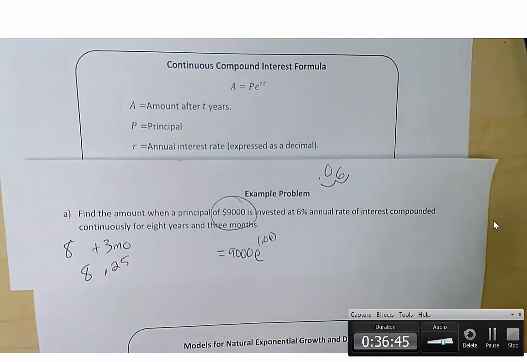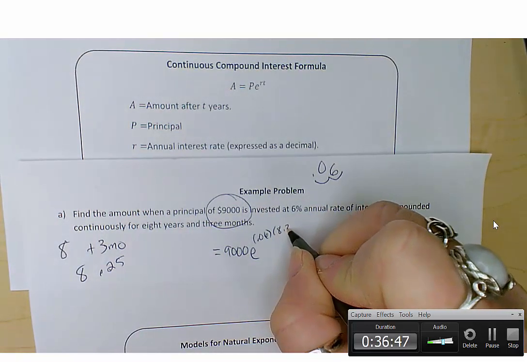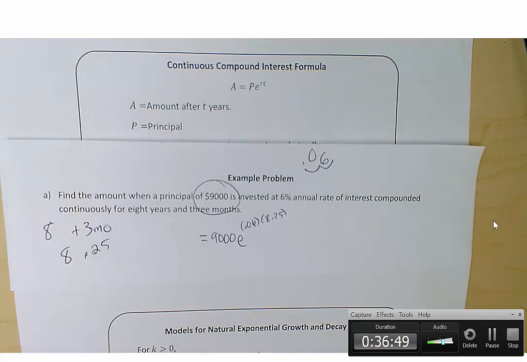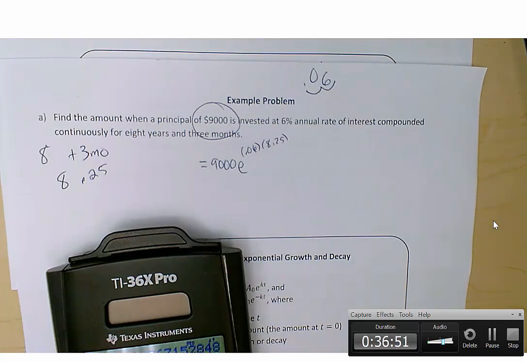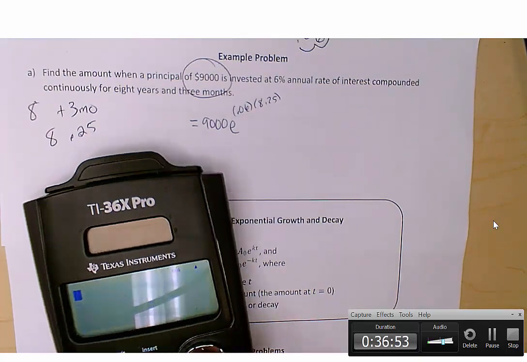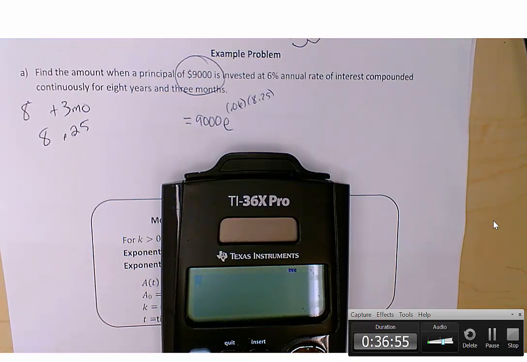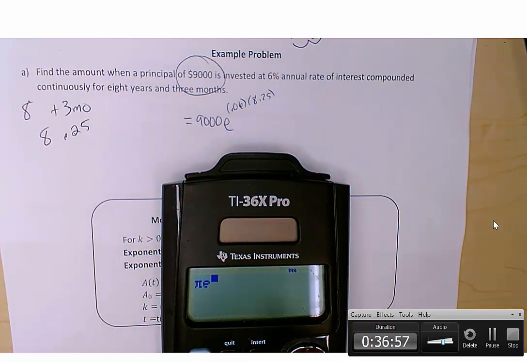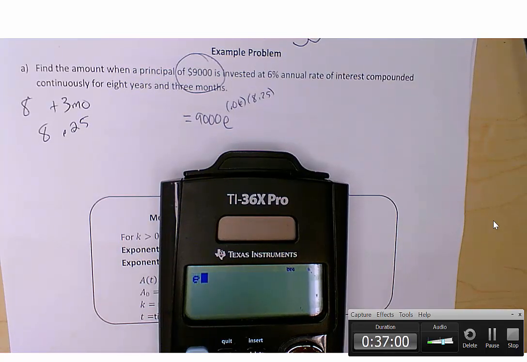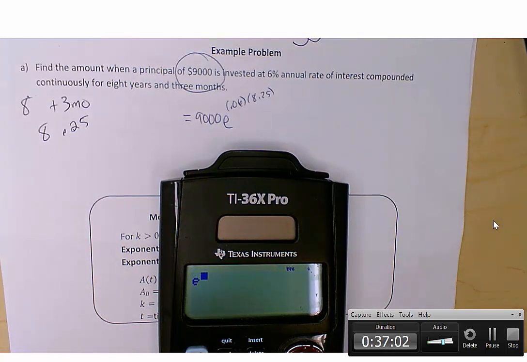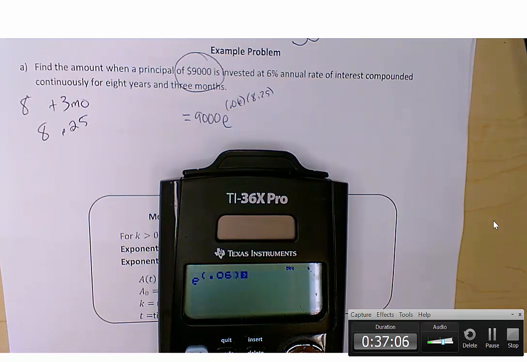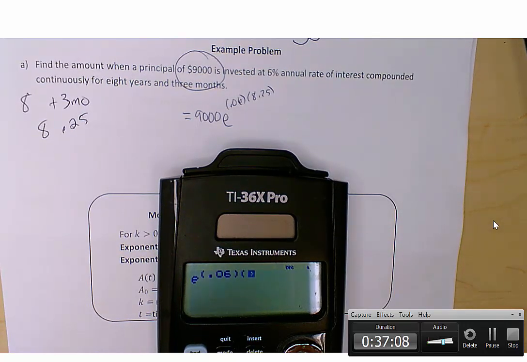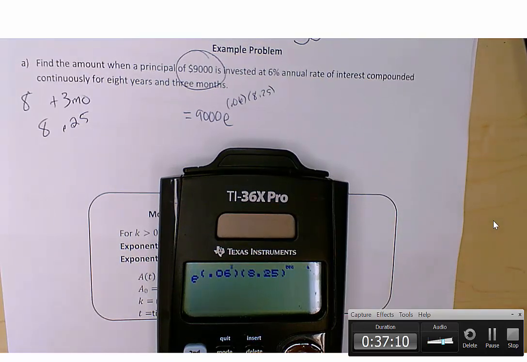So that's 8 years plus that 1/4 of a year, making that 8.25 of a year. Let's go ahead and just throw this into the calculator here to see what we get. So we have e raised to 0.06 times 8.25.